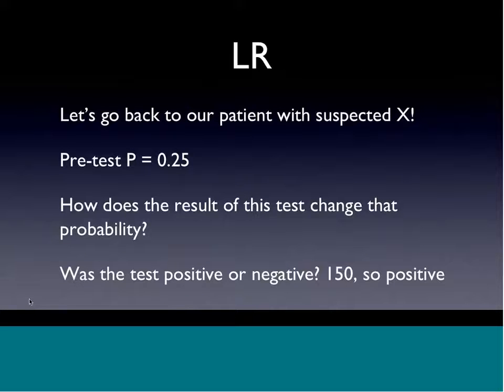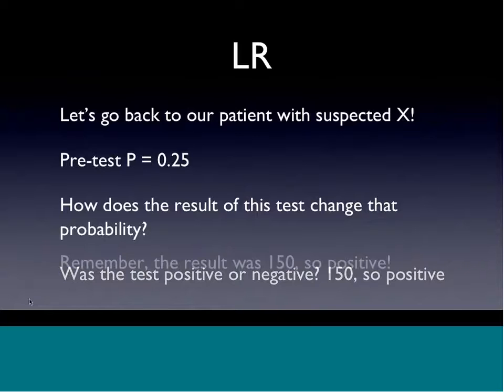So likelihood ratio. Let's go back to our patient with suspected X. Pre-test probability, let's say 25%. How will the result of the test change that probability? Well, first we need to know if the test was positive or negative. Let's say the result was 150, so it was positive. Anything above 100 we would call positive.